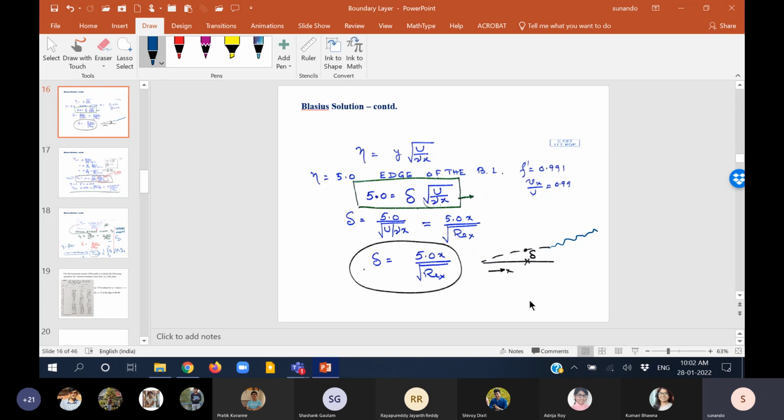And this is just a piece of information, that the Reynolds number based on the axial position, at transition, at the changeover, is usually taken as 5 into 10 to the power 5. So we understand that a Reynolds number of 2100 or whatever be that value is for pipe flow.